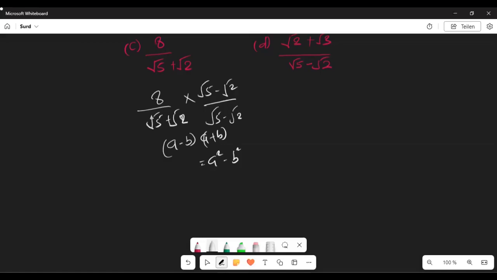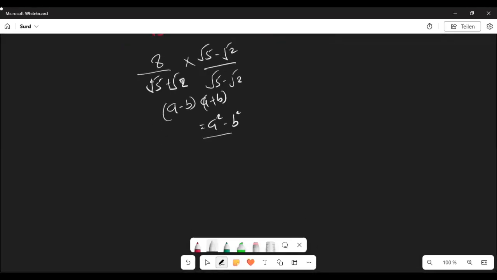So that's what we're actually targeting here. That's the rule that I'm going to use here. That means now what we're going to have in the denominator is root 5 squared minus root 2 squared. So that's the summary. If you know this formula, then that's going to summarize everything.